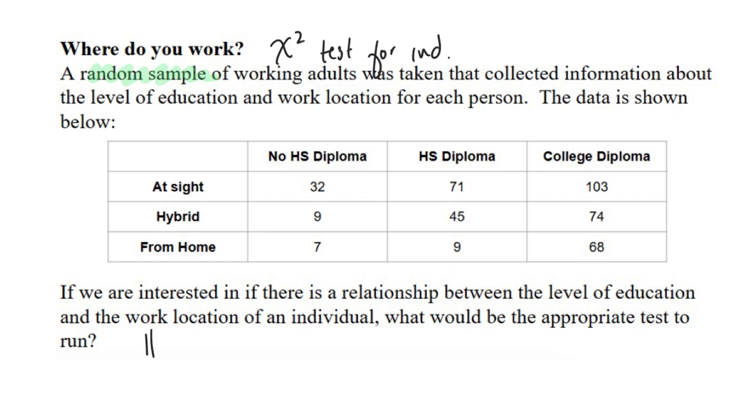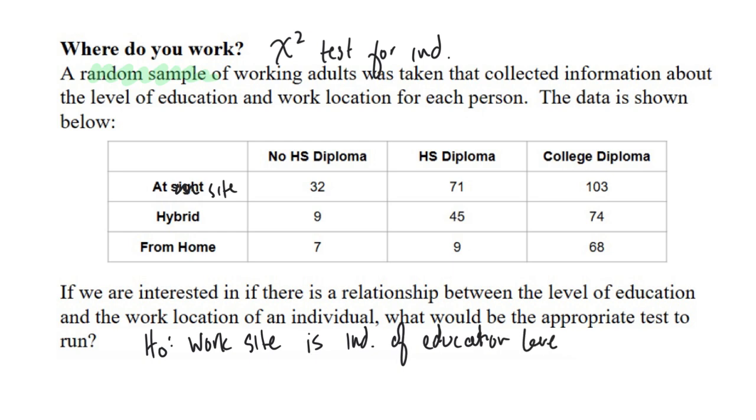The null would be the work site is independent of education level. And the alternative is that work site is not independent of education level.